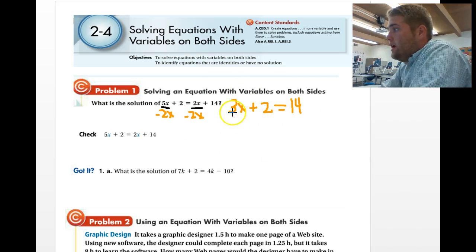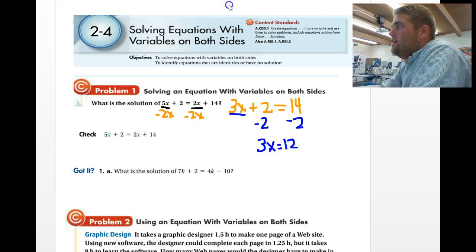Okay, and from there, this is just like all the problems we've been doing before. So I find my variable, it's there. I want to get this 2 to the other side, so I subtract 2, and I'm left with 3x equals 12.